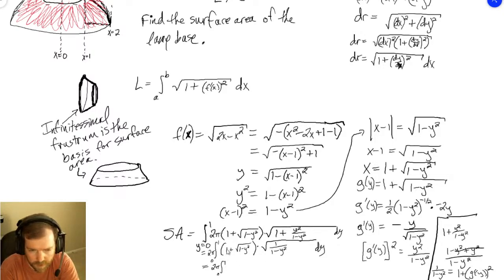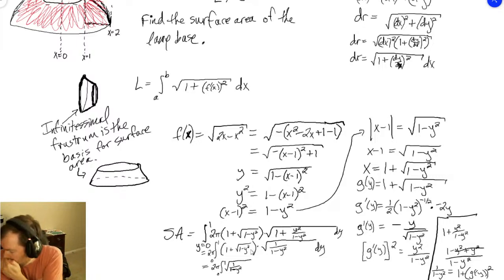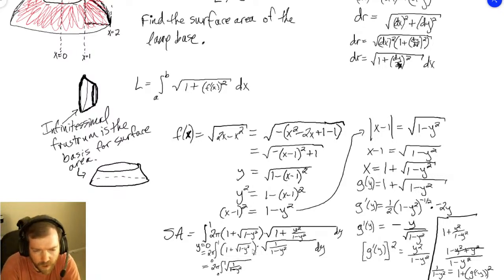This is going to end up becoming just the original integral that we had here. So the integral of 1 over 1 minus y squared. And then this one here is going to end up multiplying into the top.